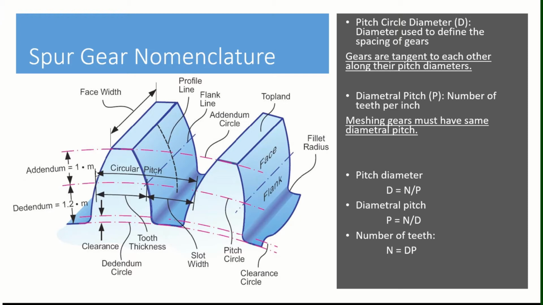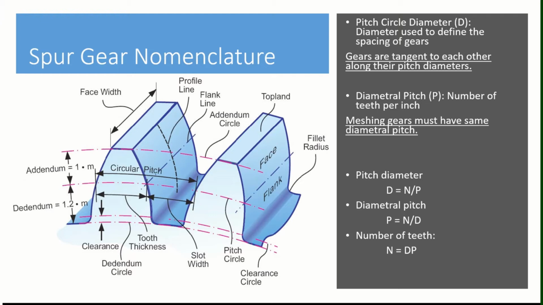The module is a term that is used in the metric system. For the inch system of units, gears are typically referred to by the diametral pitch of that particular gear. In an identical way to the screw threads, as we looked at in the previous module, the metric system of units and the inch system of units work in exactly opposite ways.